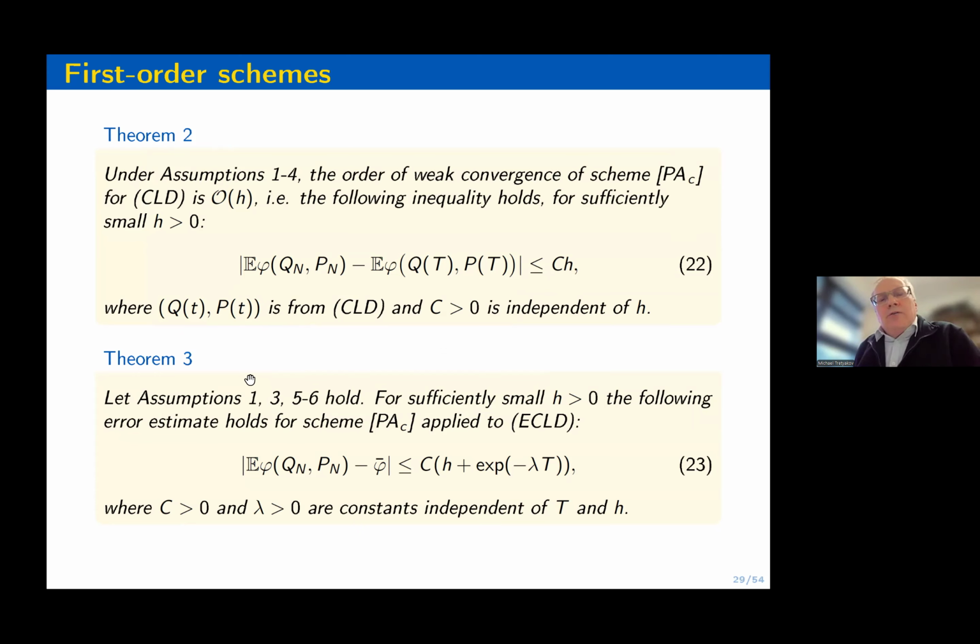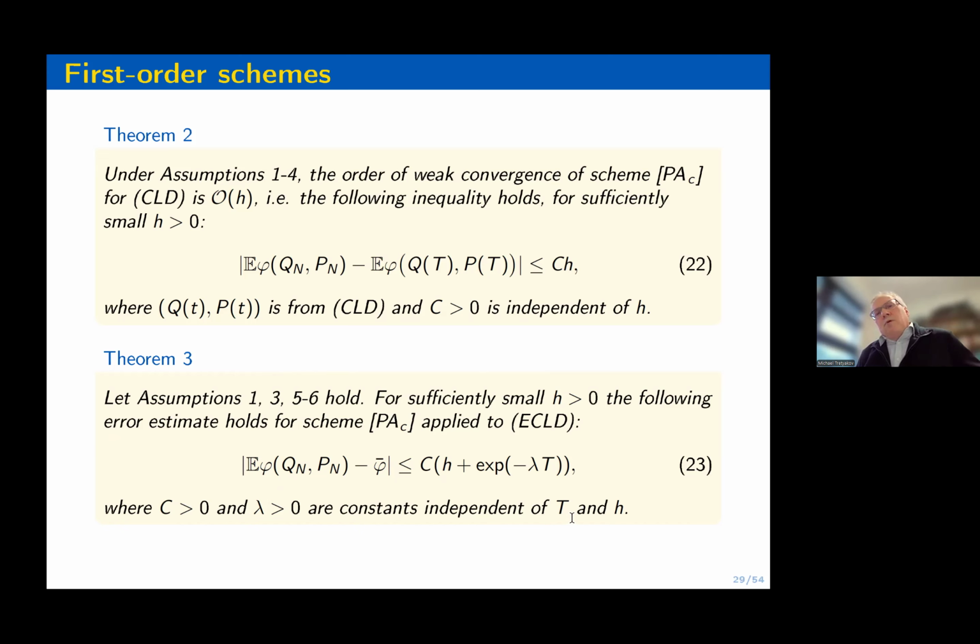And for this ergodic CLD, we also prove convergence with first order, but we have this correction which is naturally coming from geometric ergodicity. And you see that here we approximate this ergodic limit with respect to the invariant measure by what is called ensemble averaging. The constant C here doesn't depend on time.